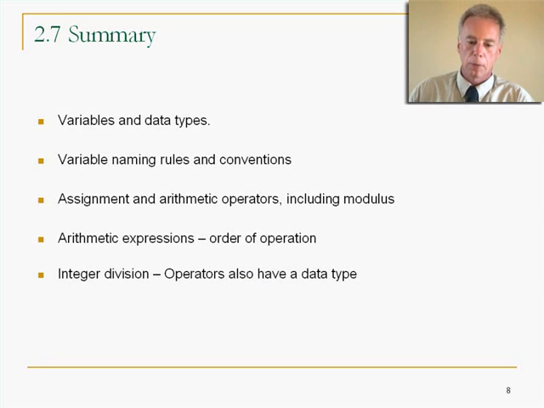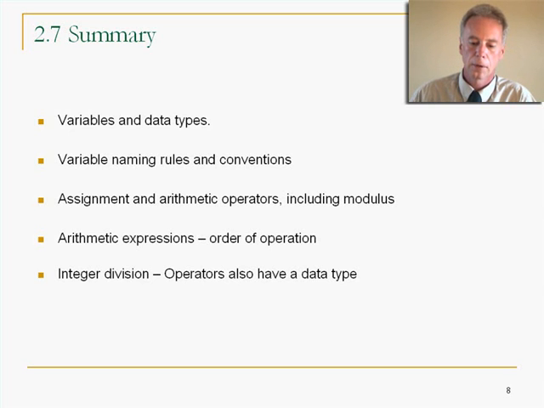In this segment, we've looked at the declaration of variables and the data types that were introduced. So far, only two, the int and the double data type that's used to declare variables. And we looked at the variable naming requirements, the syntax rules for naming variables, and also the conventions that you're expected to use in declaring variables.